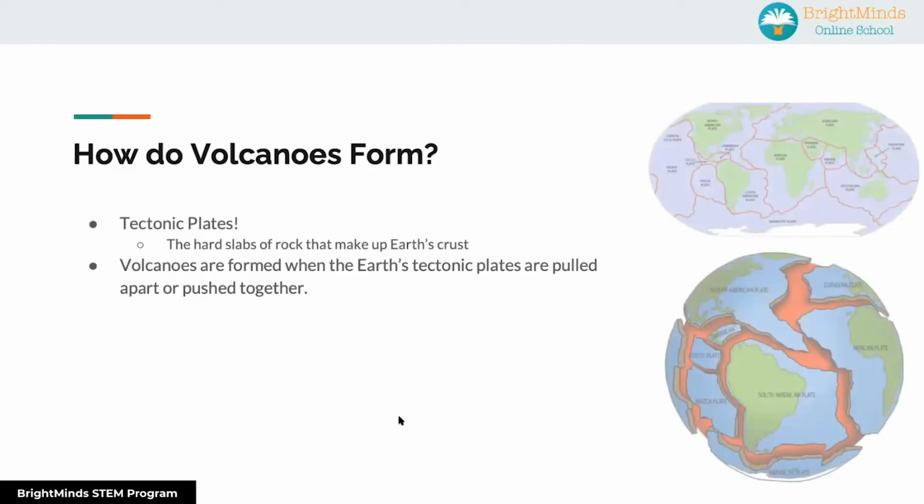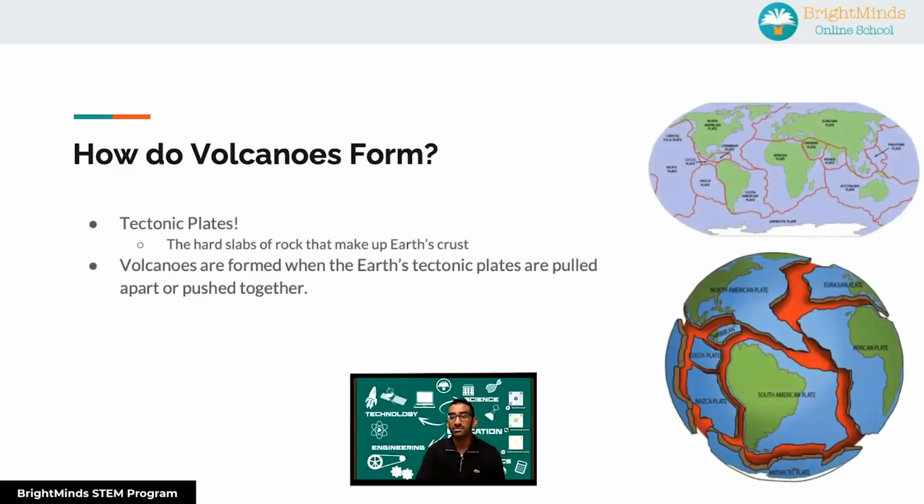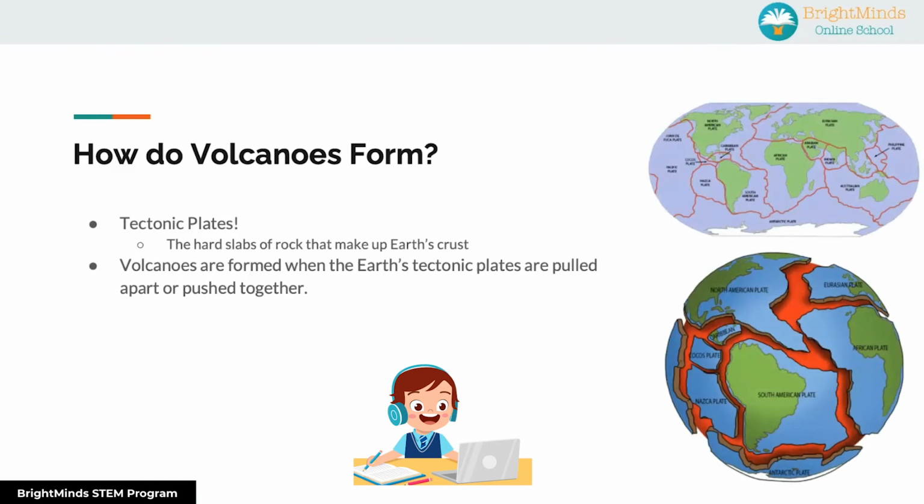Okay? So here I have a picture of the tectonic plates, a rough approximation of the different tectonic plates that we have on Earth. So if you notice, all the continents are actually formed on top of tectonic plates. So who's heard of the term Pangea? I have. You have, Santiago. Do you want to tell me what that means, Santiago?